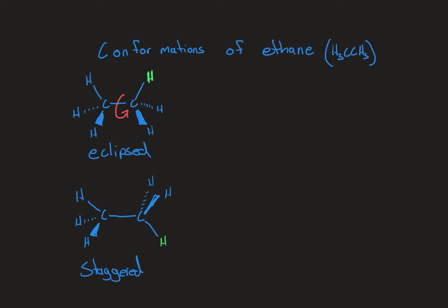Another way we might depict this is known as a sawhorse structure. In this scenario, these three hydrogens represent the three hydrogens on the carbon on the left-hand side of this molecule.